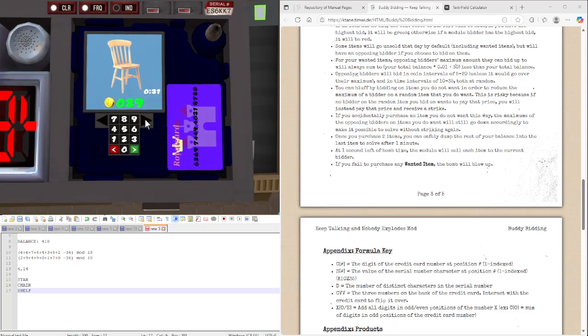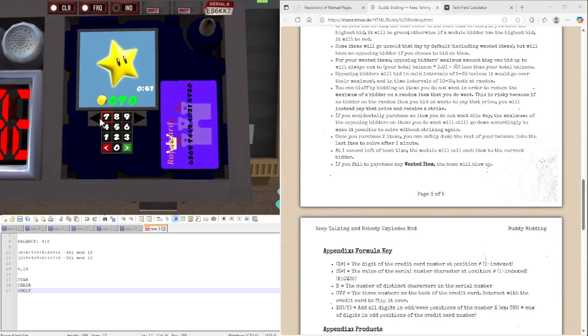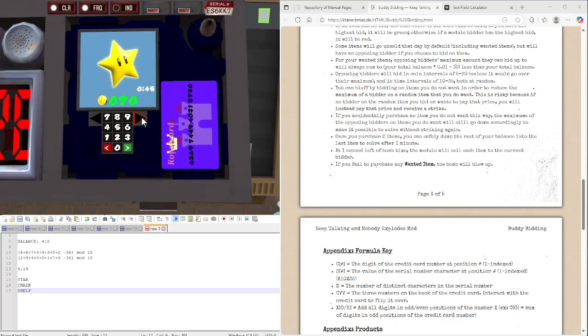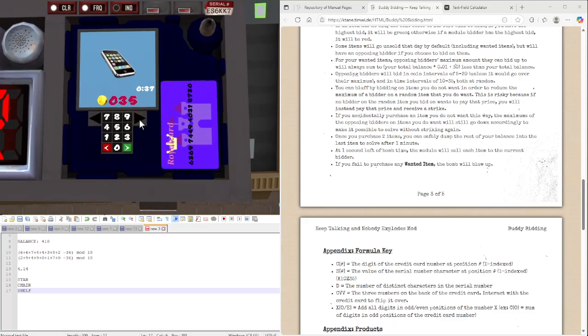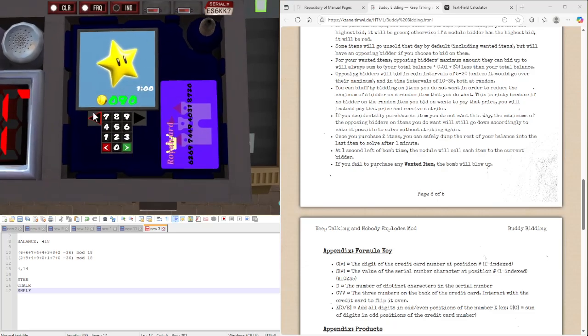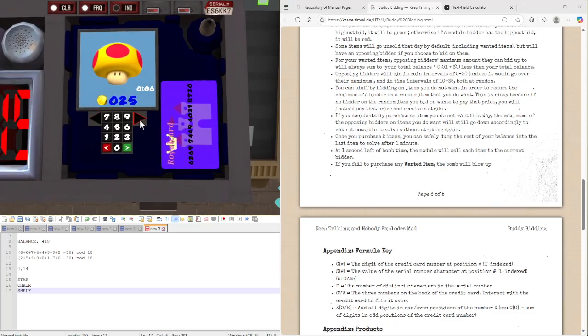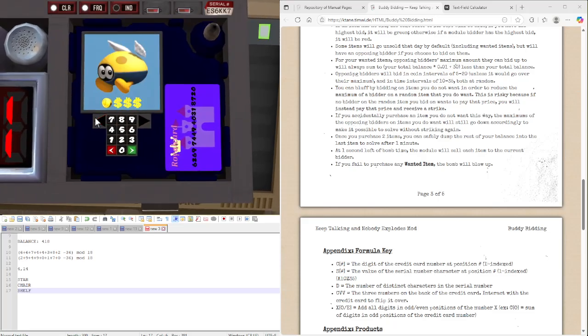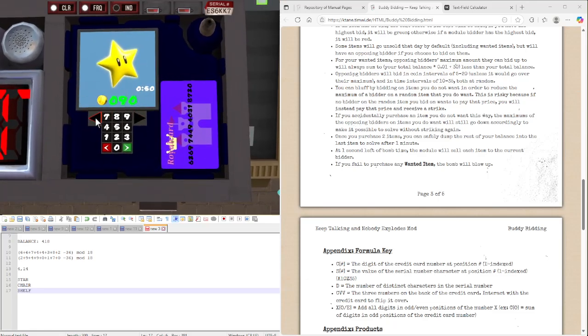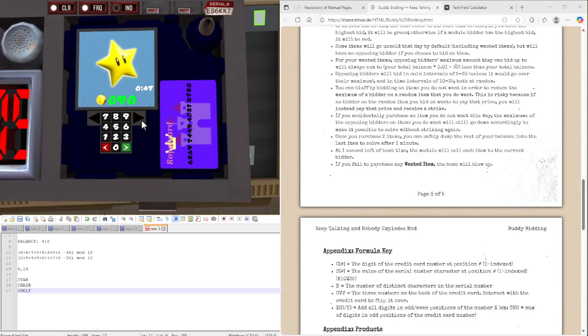Really hope I haven't got anything wrong here. 70. $90. $70, $40, $90. Still winning all these.